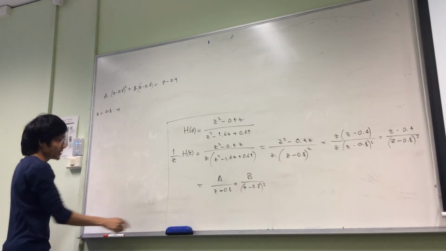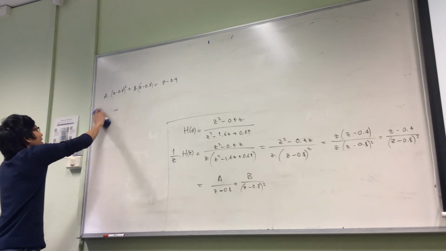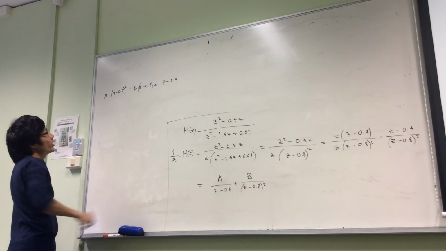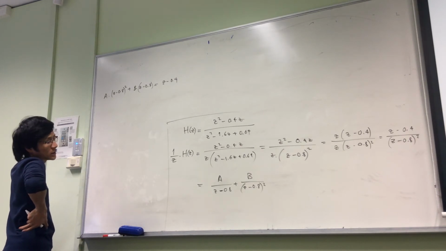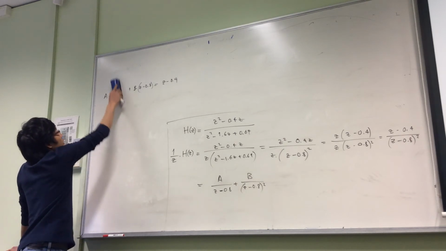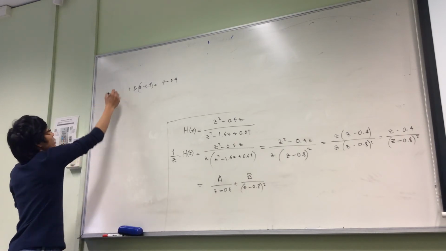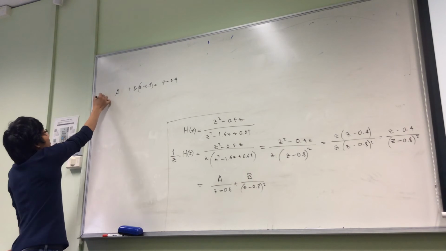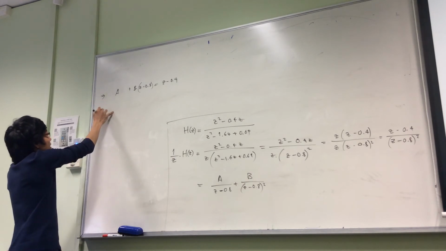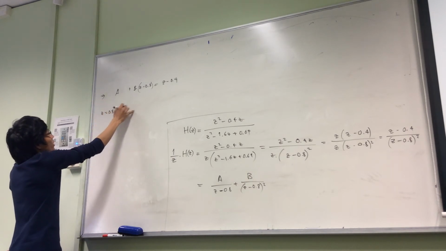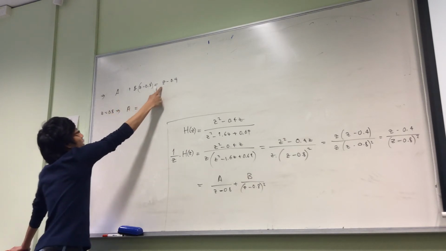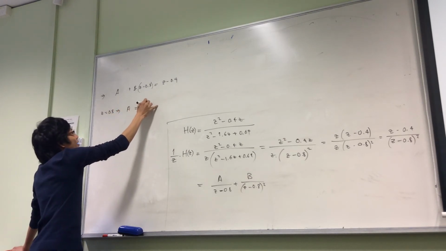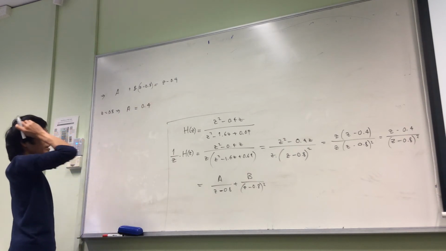No, sorry, I plus here. This one doesn't need to be multiplied by anything. So if Z equal to 0.8 gives you A plus 0 equals 0.8 minus 0.4, which will be 0.4.